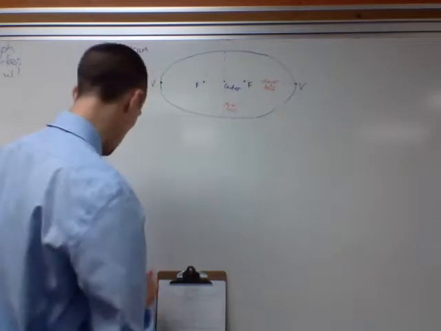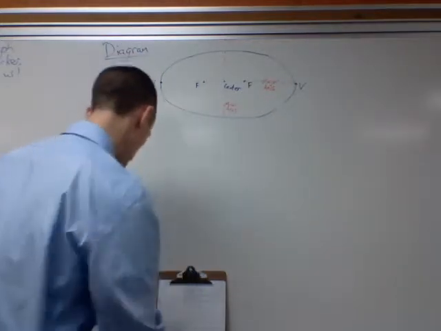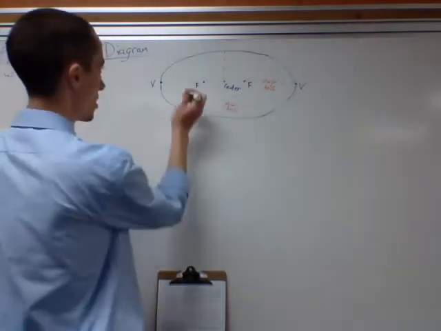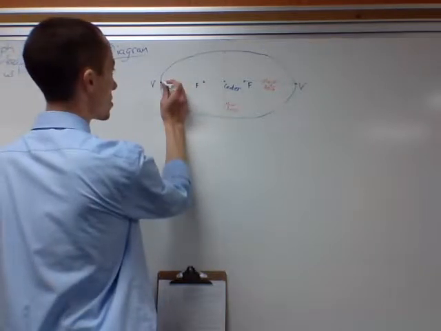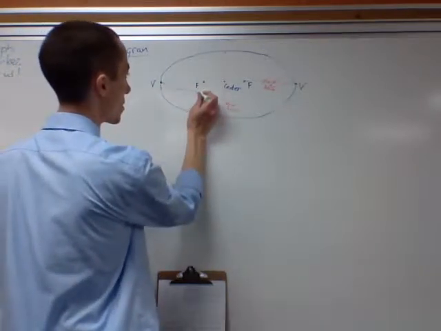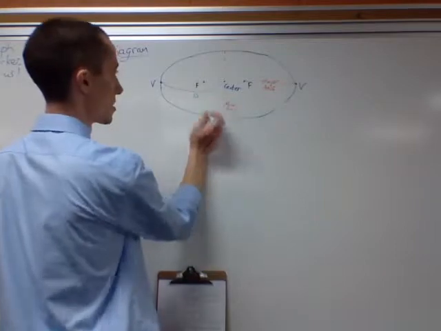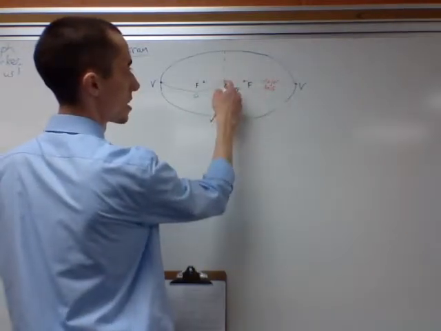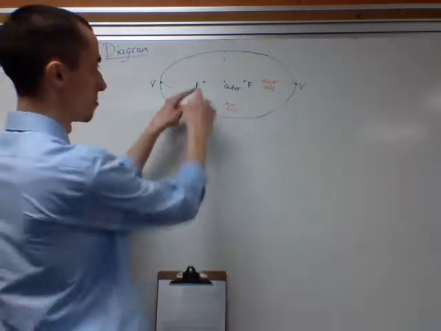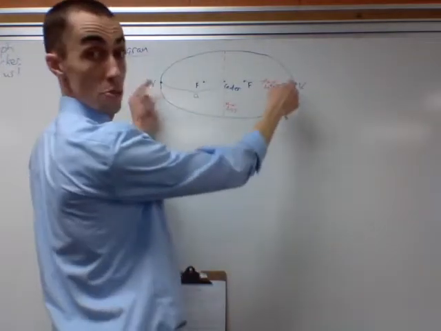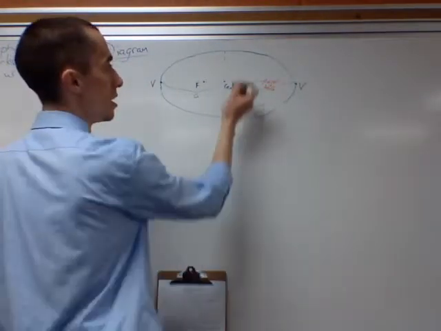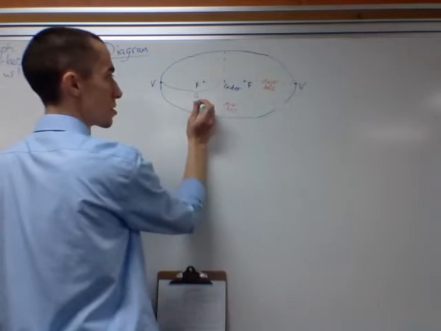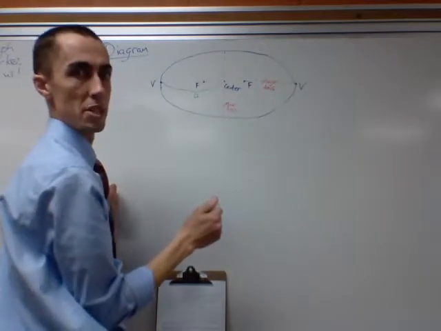And the letter that we use to represent that distance is the letter A. This distance is A, which means that this distance would also be A, and the distance all the way across would be 2 times A. This is also sometimes called, I think, the semi-major axis.